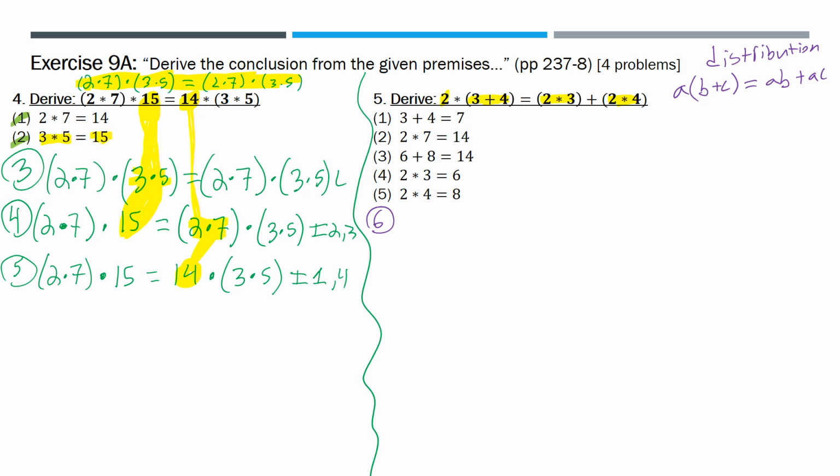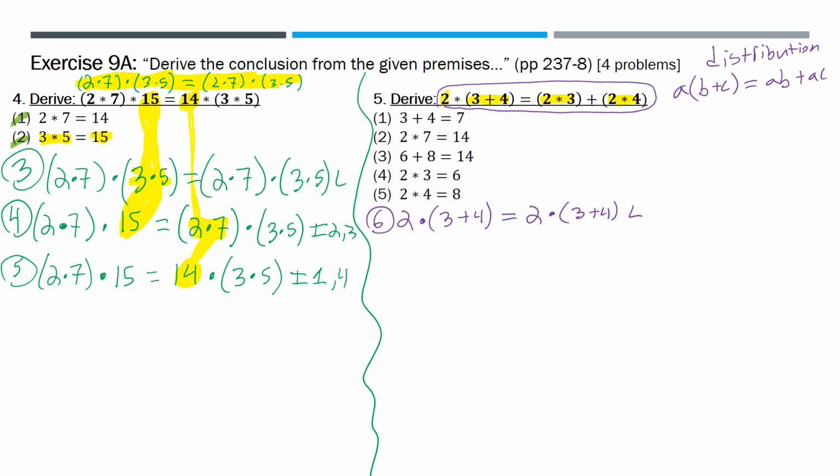We have this equation here, and this left-hand side is 2 times the quantity 3 plus 4. So we can say that 2 times the quantity 3 plus 4 is equal to 2 times the quantity 3 plus 4. And that's simply a logical truth. Something is identical with itself.